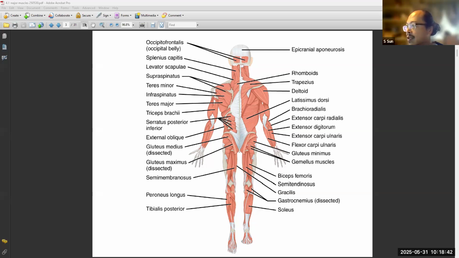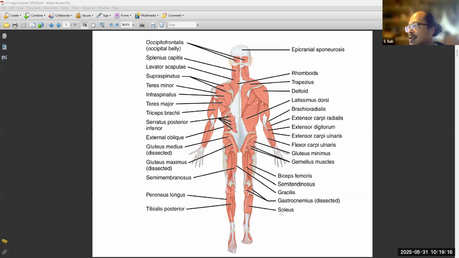And then the lower leg. As I mentioned before, the very superficial but also very big one is called gastrocnemius. Gastro is like belly or stomach, so this is the belly of the muscle. It is covered all the way down to your tendon in your leg.